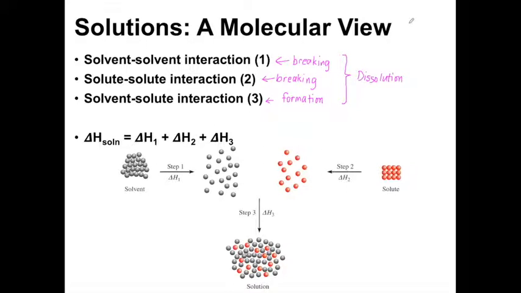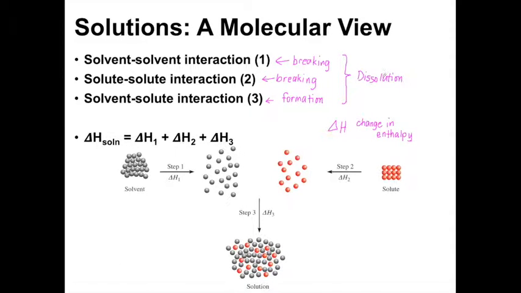Now, in any chemical reaction, we have what we call the quantity called delta H, which is the change in enthalpy. So simply put, the change in enthalpy is the heat involved in the chemical reaction.